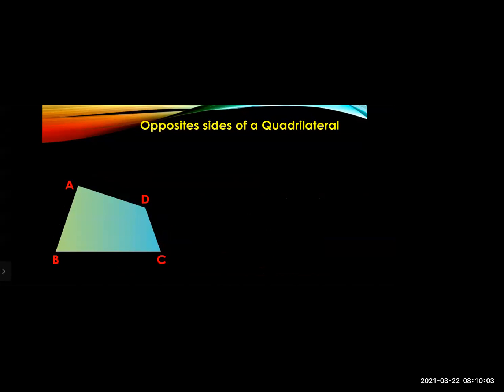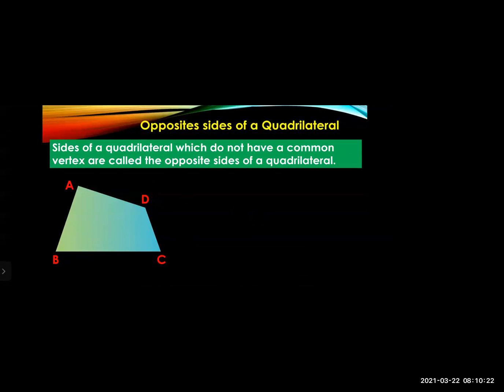Now move on to opposite sides of a quadrilateral. Adjacent means the neighboring ones, or sides which have the common vertex. Sides of a quadrilateral which do not have a common vertex are called the opposite sides of a quadrilateral.